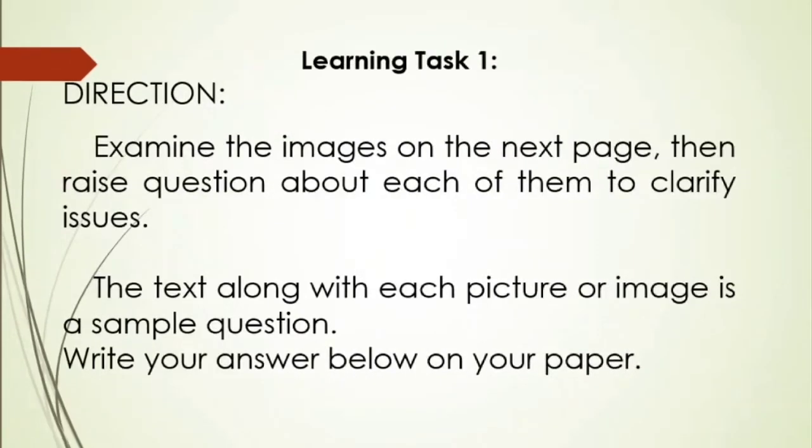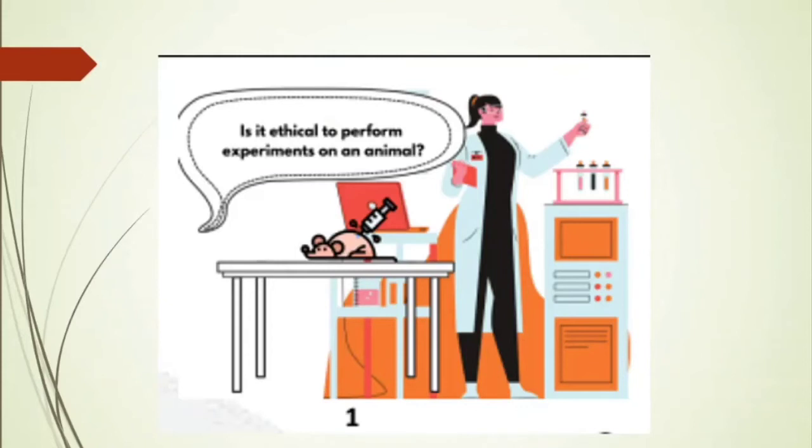Now that we have learned the difference between argumentative and persuasive writing, for your task 1, you're going to examine the images on the next page, then raise questions about each of them to clarify issues. You can see text along with each picture or image is a simple question. You're going to write your answer on your paper. For picture number 1, the question is about performing experiments on animals.